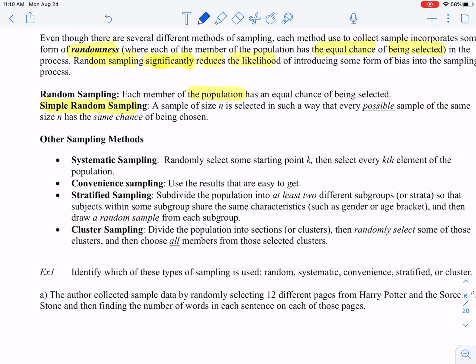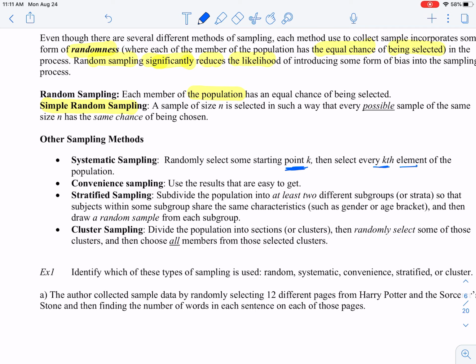The first one is called systematic sampling. This is one way to collect data. We randomly select some starting point k in the population, then select every kth element of the population. Meaning we have a systematic method.